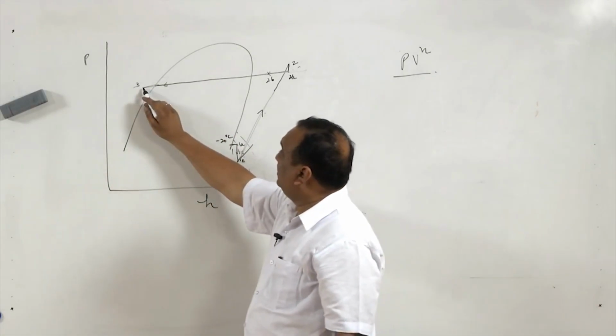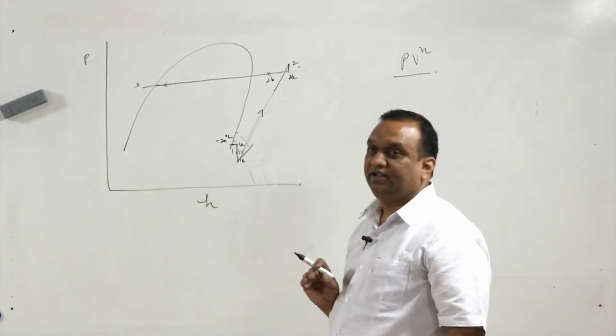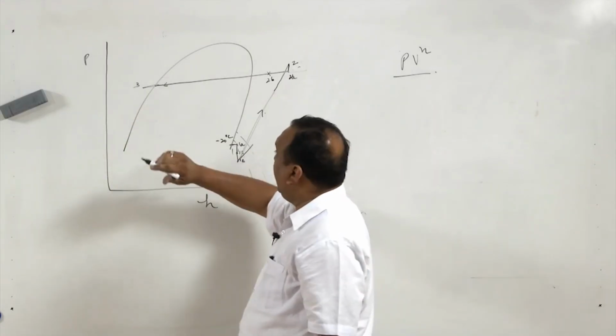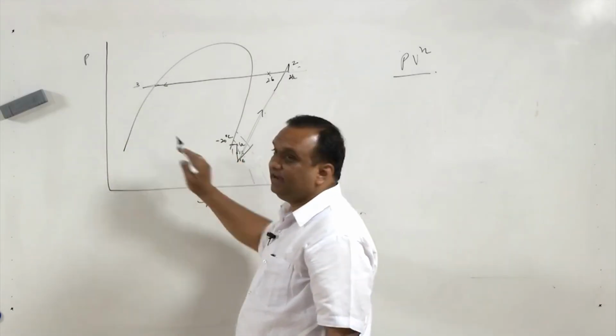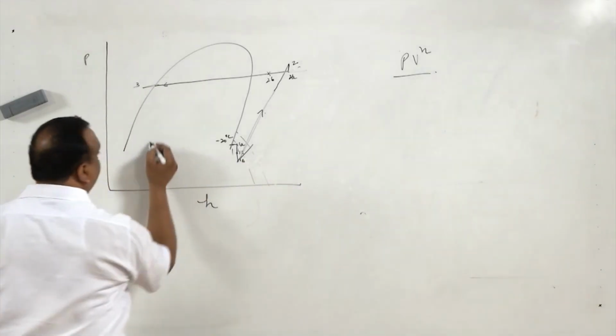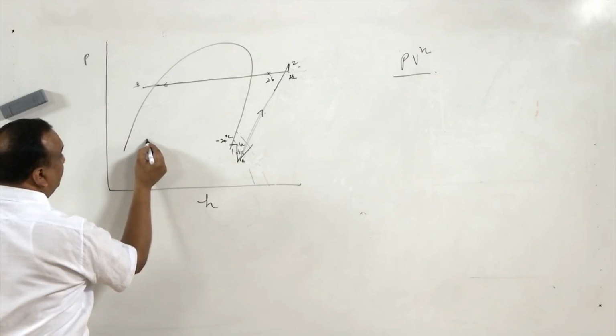Now, at 3 when the fluid comes out of the condenser, it is in liquid state and expansion takes place inside an expansion valve, and we get state 4, and the pressure of state 4 is higher than the pressure of state 1.